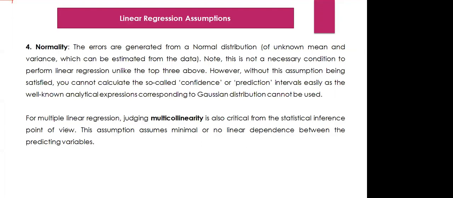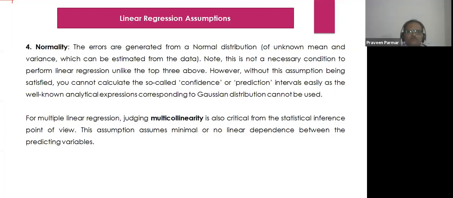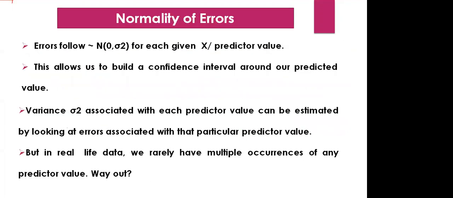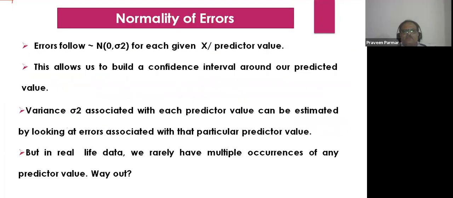So what is the meaning of Gaussian? Gaussian is basically a normal distribution, which is symmetric. So errors follow N(0, sigma square), where 0 is the mean and sigma square the variance, for each given x predictor value. This allows us to build a confidence interval around our predicted value.